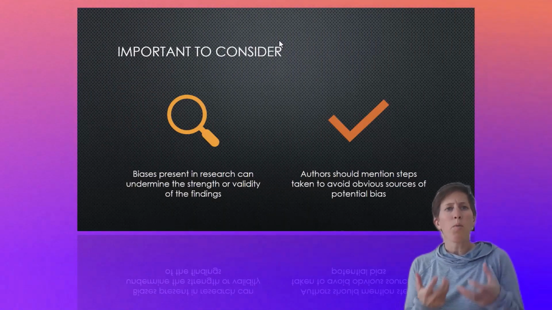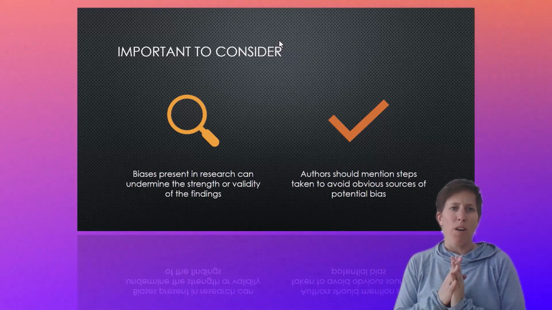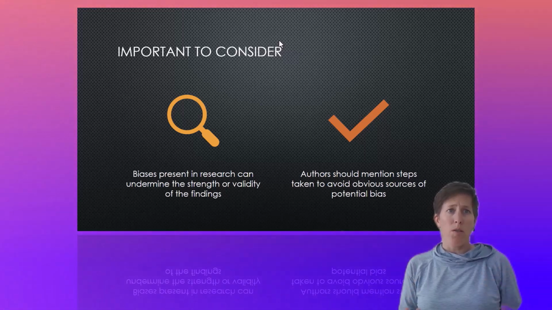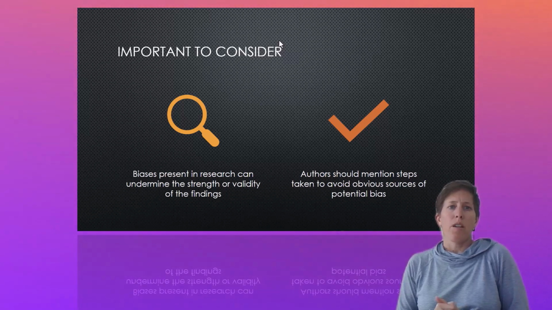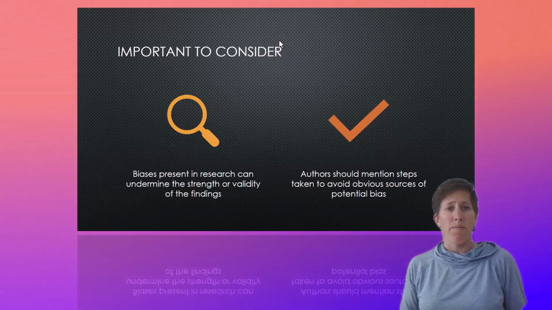We've talked about the humanness of bias. We definitely see it all around us. Now, what about with research? Why is it important to consider bias in research? Well, bias present in research can really undermine the validity or strength of the findings.